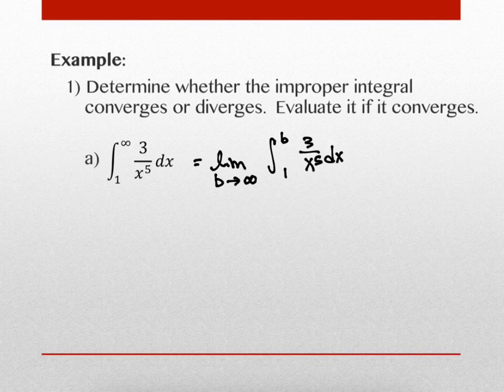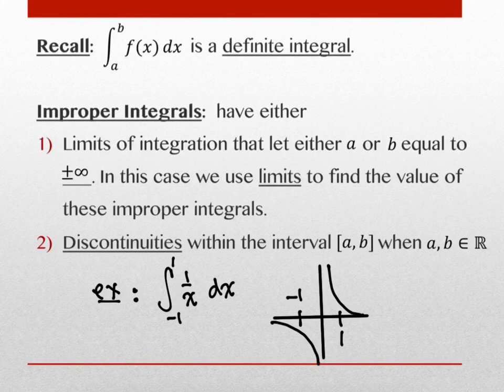It's probably also appropriate to be aware of the fact that we don't have an asymptote on this interval from 1 to infinity. There is an asymptote for this function, but it's at 0, and it's outside of the interval. So while it has an asymptote just like the one I mentioned, it's not on the interval, so it's not a problem.